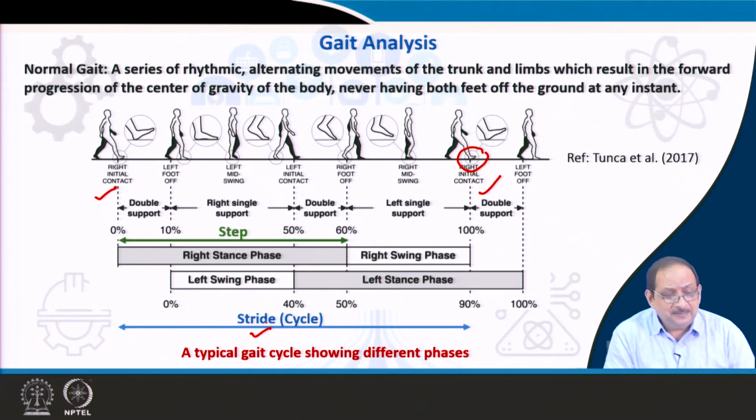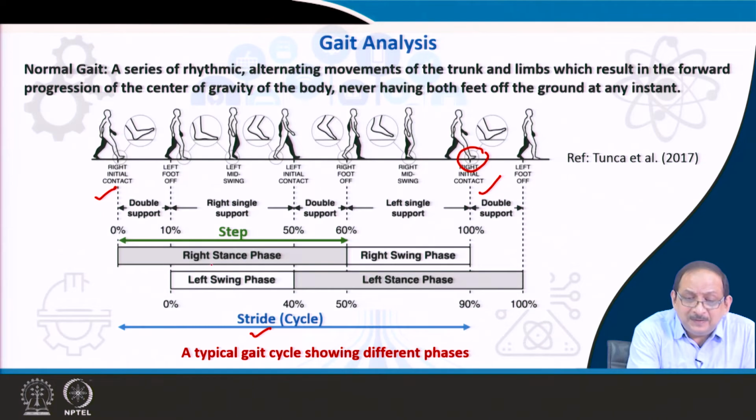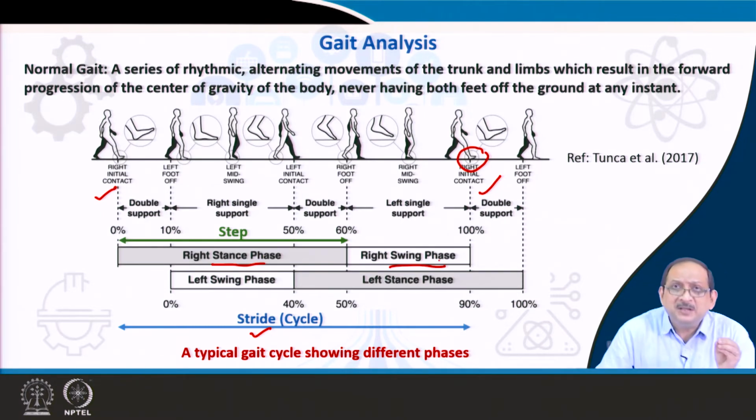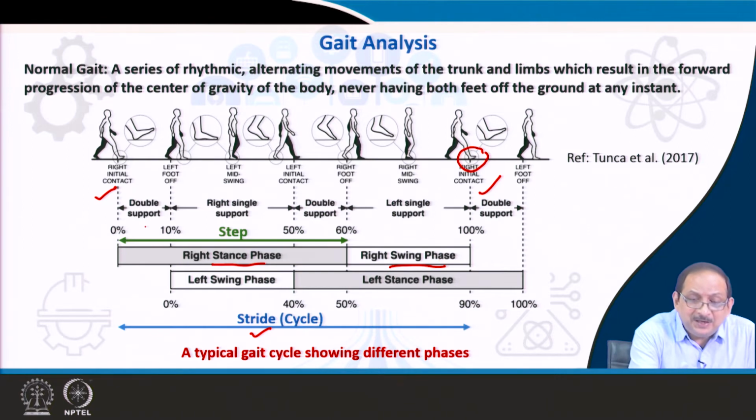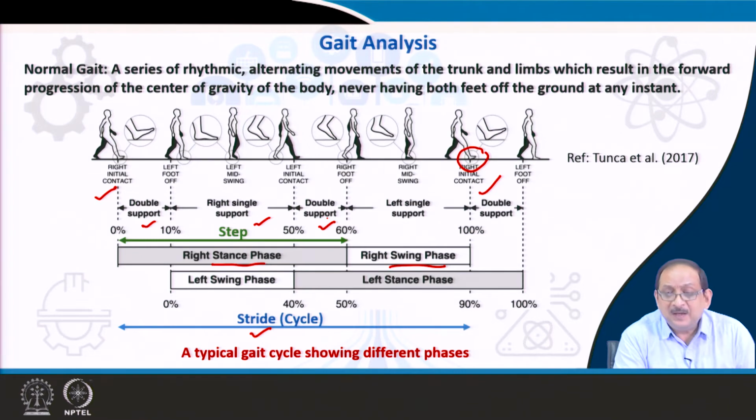A gait cycle consists of two major phases, the stance phase and the swing phase. We will be explaining things with respect to the right foot. Apart from these two major phases, there are a number of intermediate phases as indicated by double support, right single support, double support, and for the left leg in the swing phase, left single support and double support.